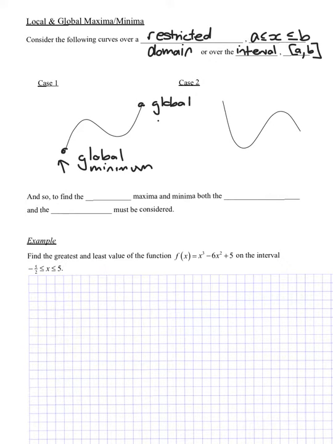These ones in between are just called local, because they're not the overall biggest number or smallest number, but they are minimum and maximum in your function. So that's called a local minimum, and that is called a local maximum.